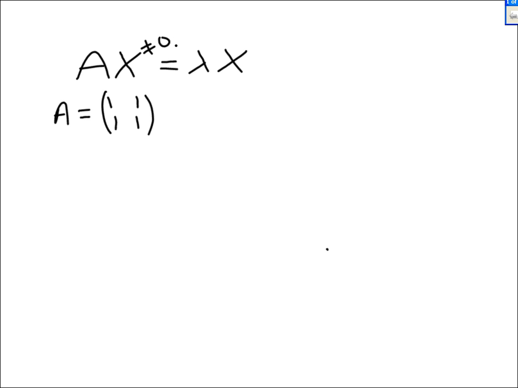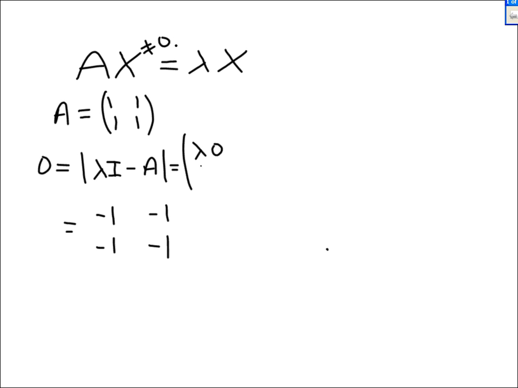That is A. So to find the eigenvalue, you want to set 0 equal to the determinant of lambda I minus A. Well, here is lambda I minus A. Now, basically, lambda I has just ones on the diagonal, zeros elsewhere, and then you take away A, which is all ones.